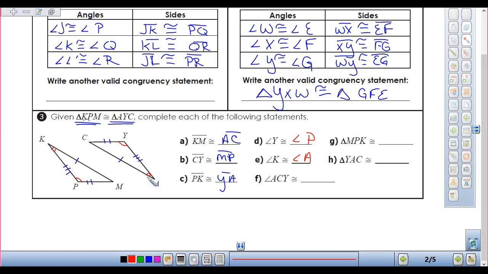ACY goes with KMP, in the same order as the other one. Now we use three marks.